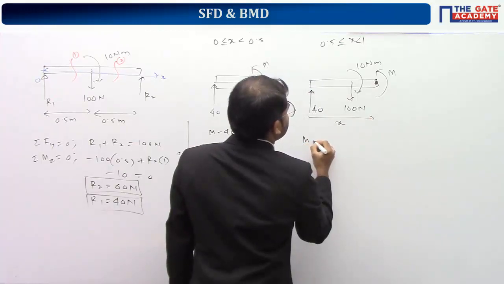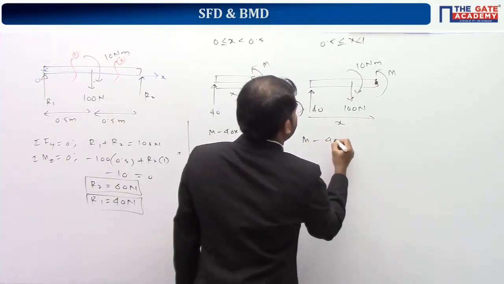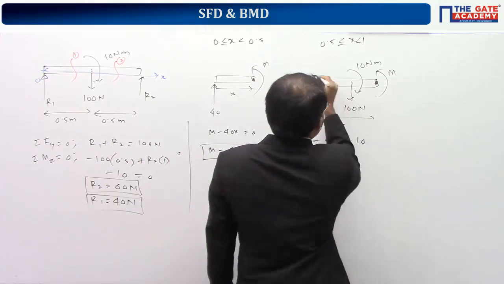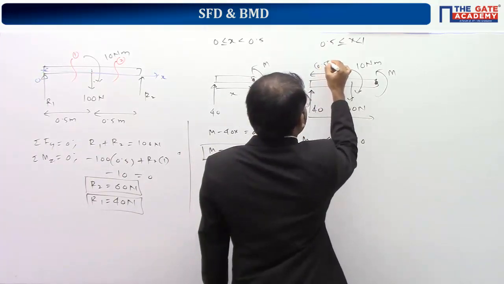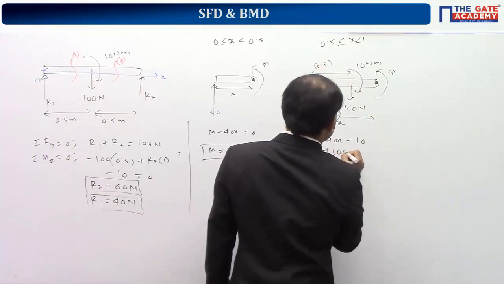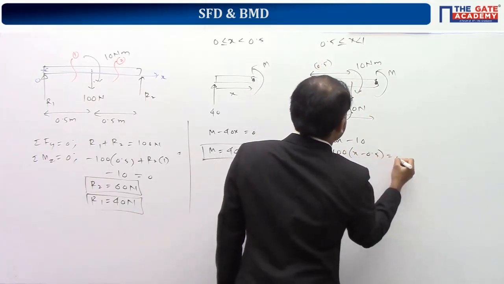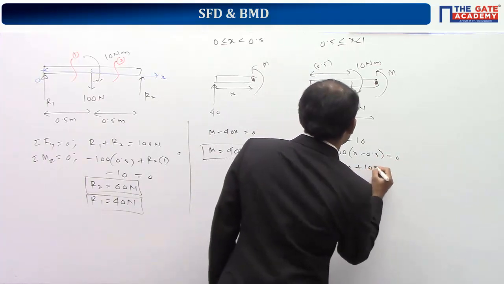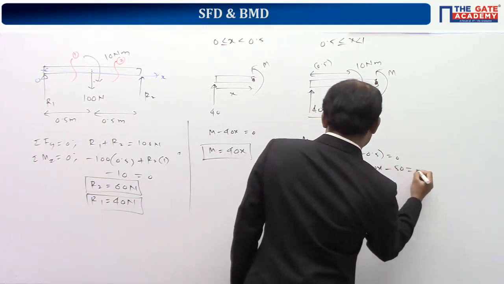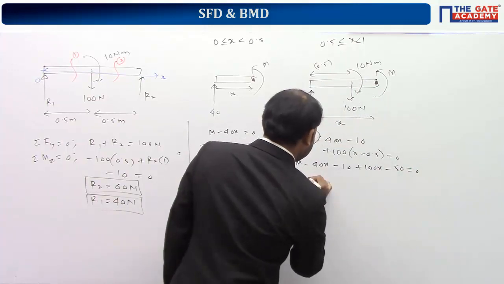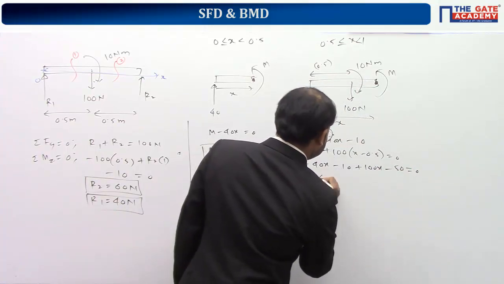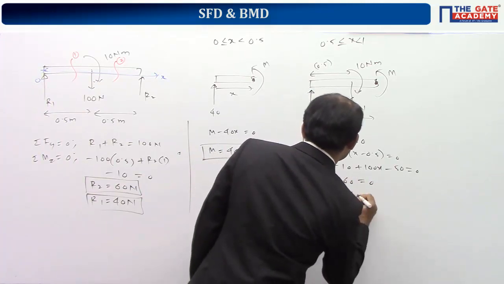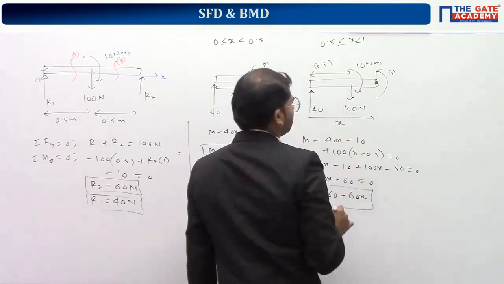M clockwise, M anti-clockwise, 40 into x clockwise, 10 clockwise, 100 into x minus 0.5 anti-clockwise. So this gives us M minus 40x minus 10 plus 100x minus 50 is equal to 0. So M plus 60x minus 60 is equal to 0. M is equal to 60 minus 60 into x.